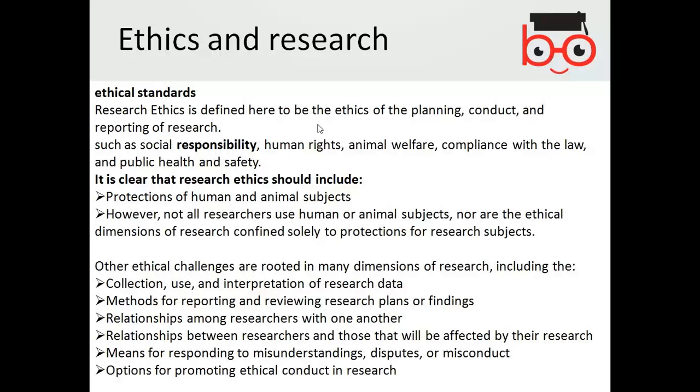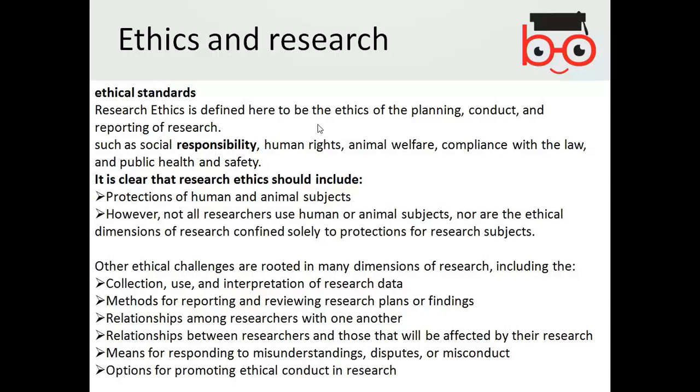For example, research ethics should include protection of human and animal subjects. If you are doing research, you shouldn't be harming humans or animals. However, not all researchers use human or animal subjects, nor are all ethical dimensions of research confined solely to protection of research subjects. It really depends on whether humans are involved or not. In computing research, humans or animals may not be relevant, but those are the ethics you should consider.